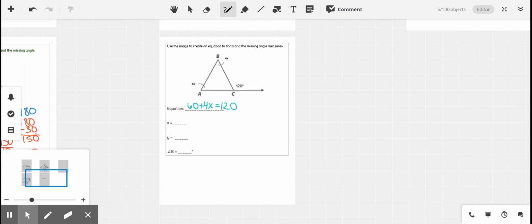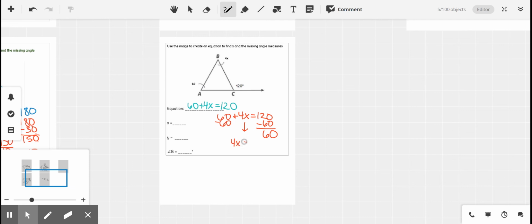Let's solve for x. First things first, let's subtract 60 from both sides. This will give us 60. Okay, we're going to bring down this 4x.